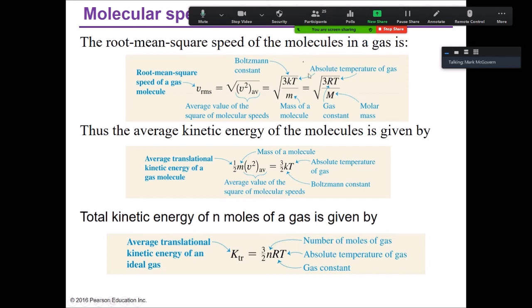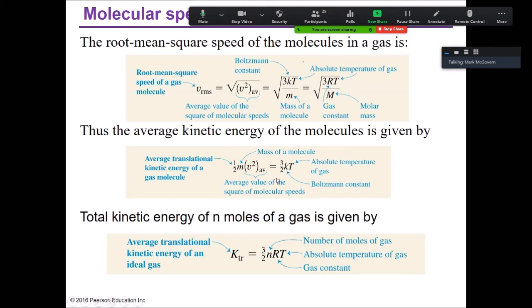So both expressions work. It just really depends on what you're given. If you have an individual mass of a molecule, and this is going to have to be a pure gas of some kind. If you don't have a pure gas, you're going to have to figure out an average mass or an average molar mass. Like if we do air, you have to do that average in there.